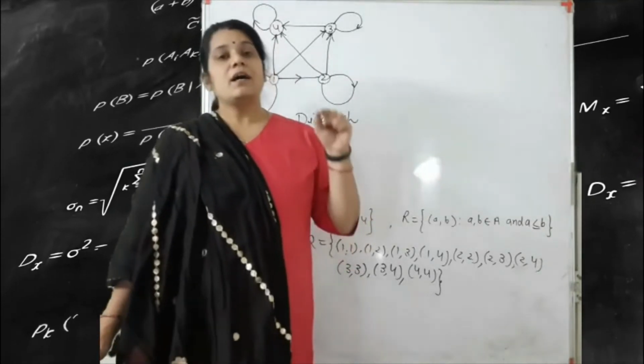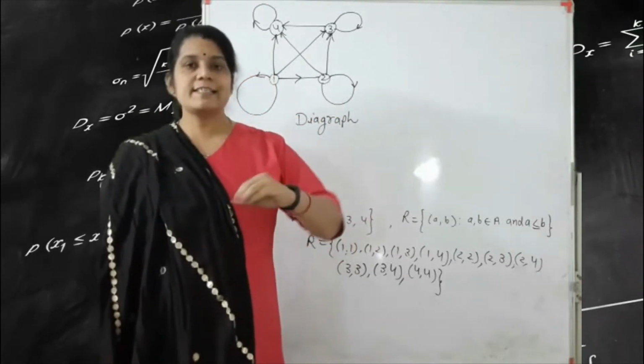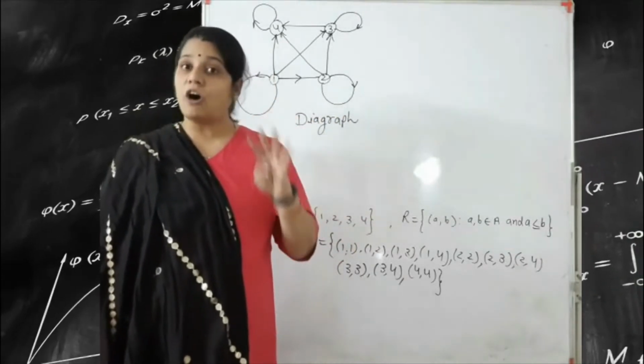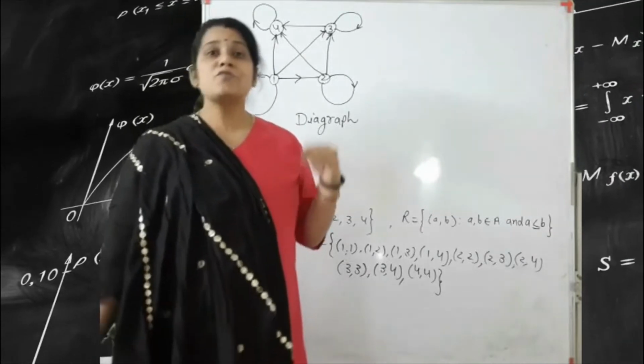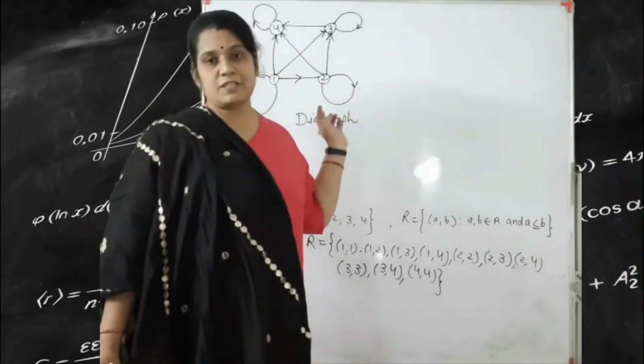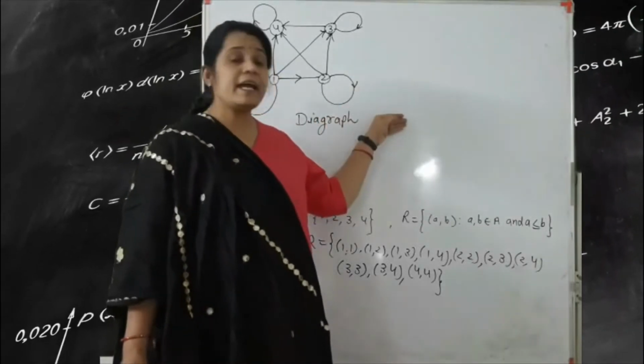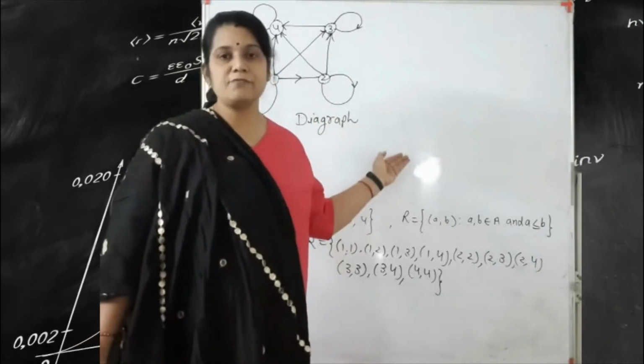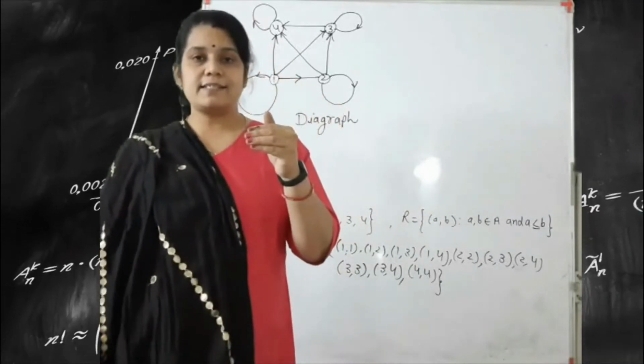So if your relation already satisfies all these three properties, why do we draw the self loop and the transitivity edges?